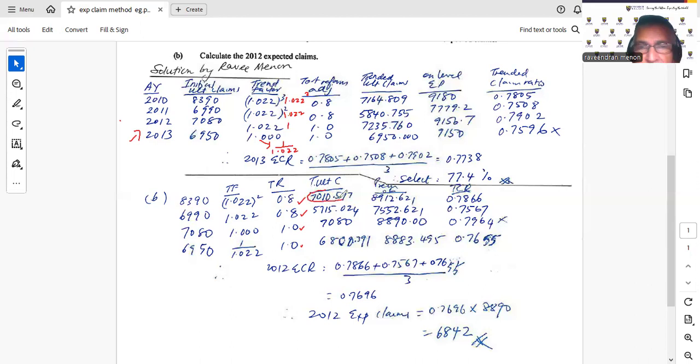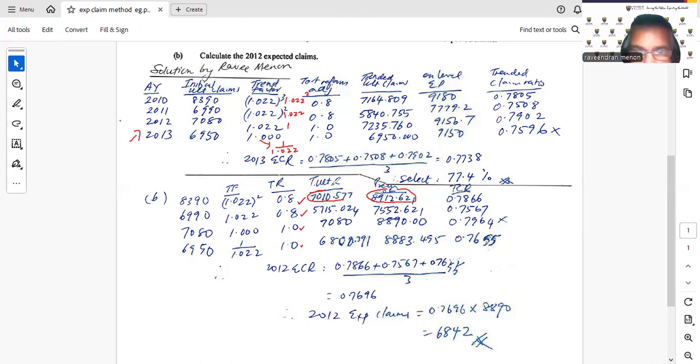So not difficult. And then once you do that, you need to deal with your on-level earned premiums. To get this number here, let me write it down for you. What is this number? Your earned premium.